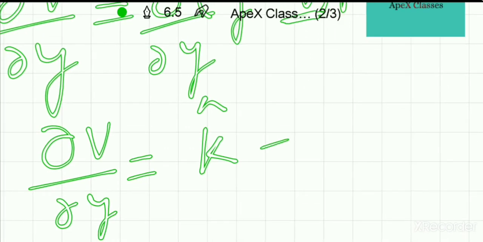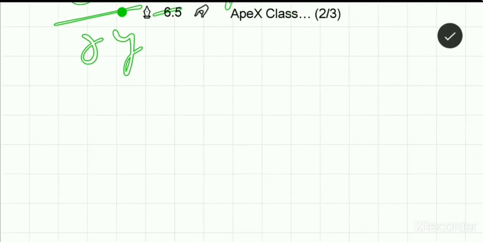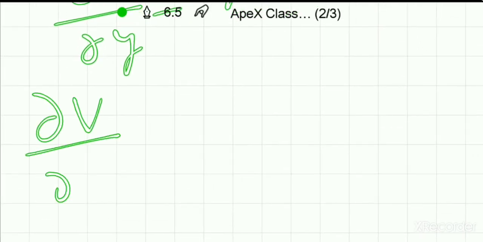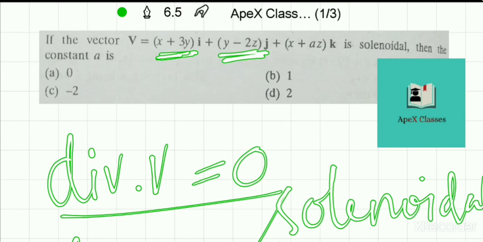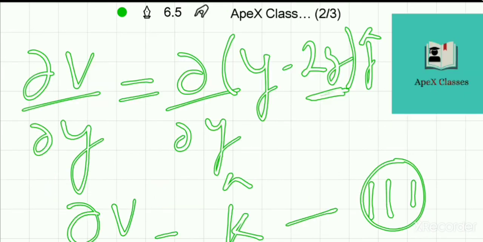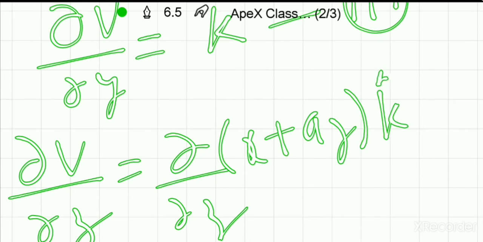This is equation number 3. And finally we have to write del v upon del z, which means del upon del z, and here we will write only those terms which contain k cap, which means the last term. So this will be equal to del upon del z of (x + az) k cap.